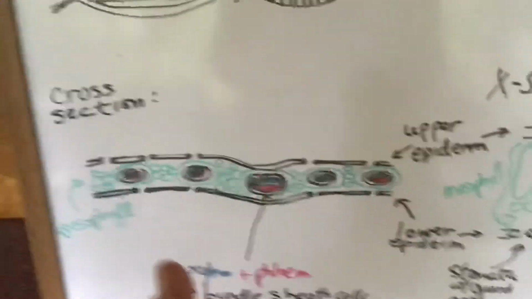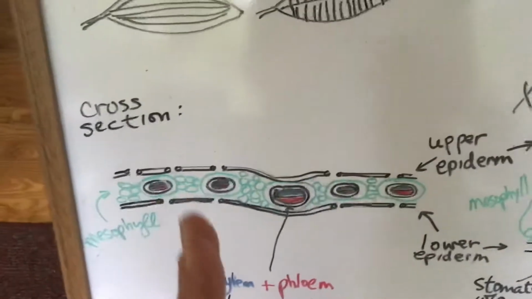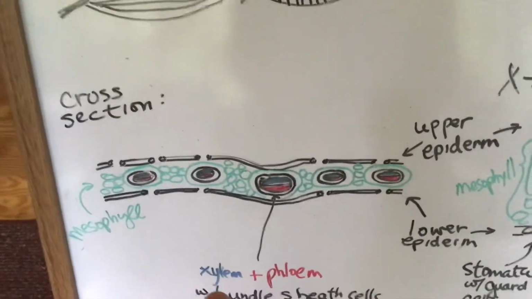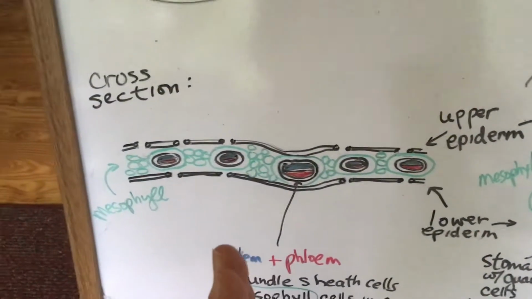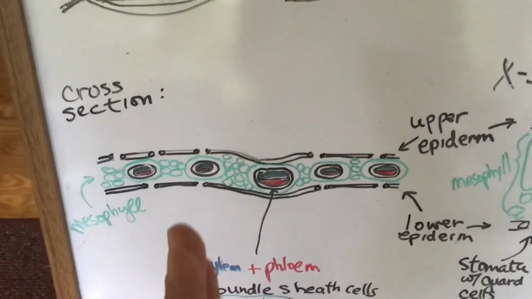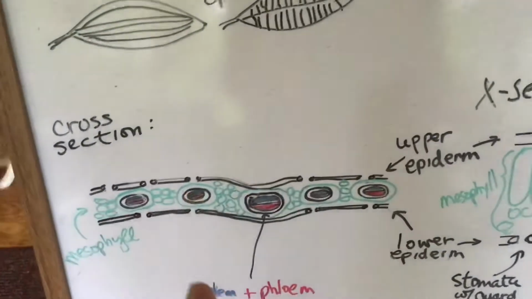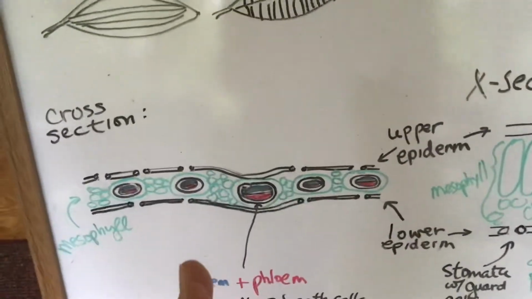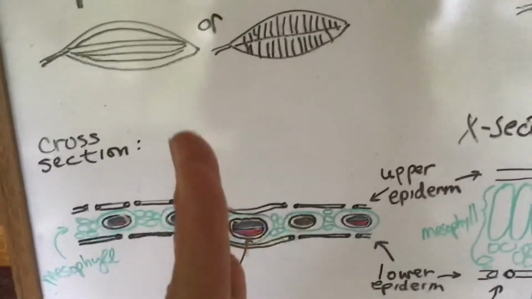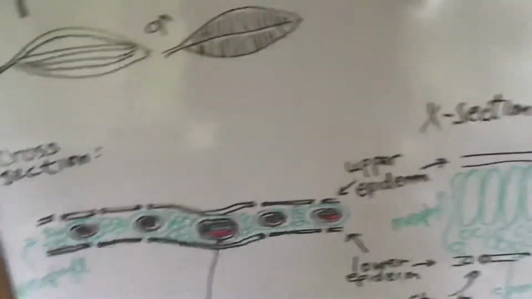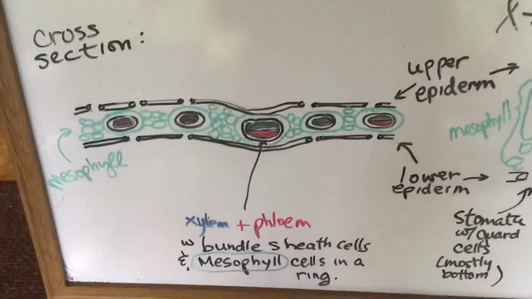That's because remember that the xylem is towards the middle of the vascular vessels, and as the traces go outward into the petiole of the leaf, they would end up on the top. So if they start off in the middle, they're going to go out and be on the top, and then the phloem is on the bottom.